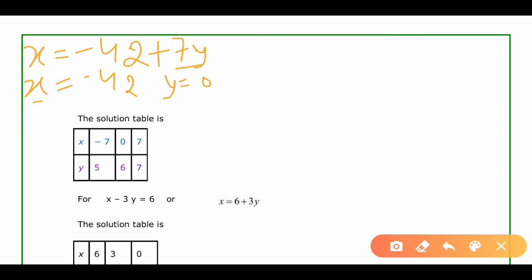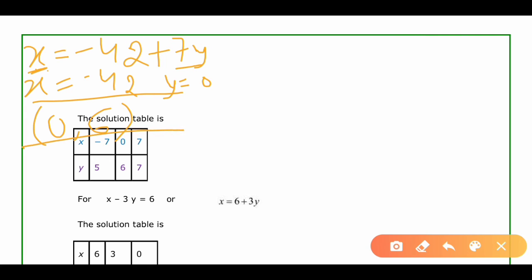That means this one is the first point, minus 42 comma 0. Now again in this equation we'll put x equals to 0, so we'll get y equals to 42 upon 7, that means 6. This one is the second point for this equation.